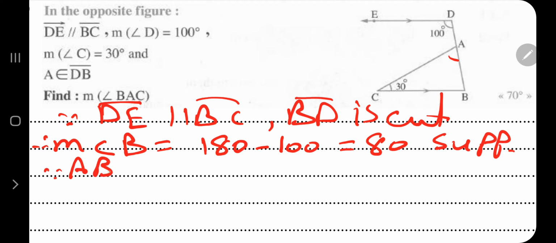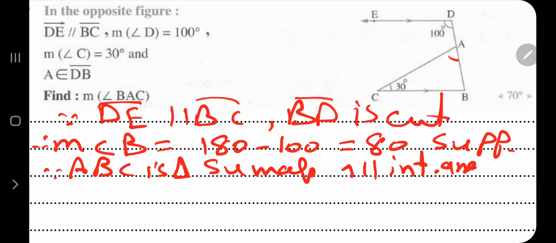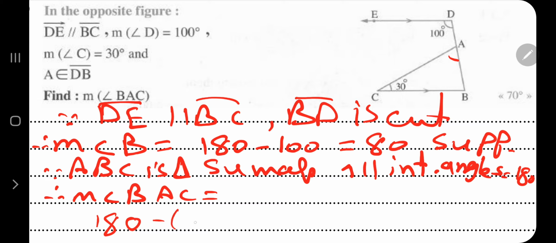Since ABC is a triangle, the sum of all interior angles equals 180. That means the measure of angle BAC equals 180 minus 80 plus 30 equals 70 degrees.